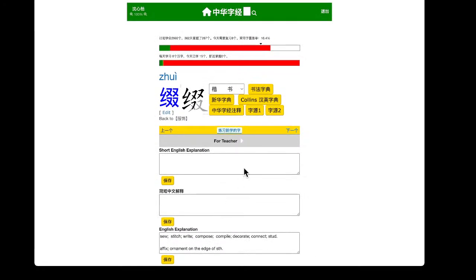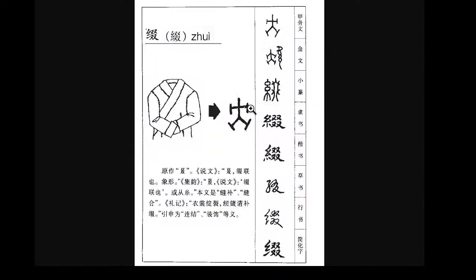Let's take a look at that. The original character means sew together, stitched together.